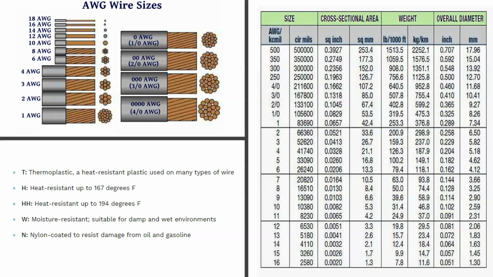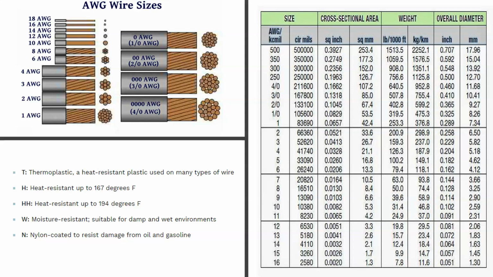A quick note on this table as well, our very next column, circular mil, if you'll notice, our AWG sizes are also given a circular mil area. And we will need to know that later when doing some conduit and box fill calculations. But that's just a quick note that AWGs can also be represented in circular mils.